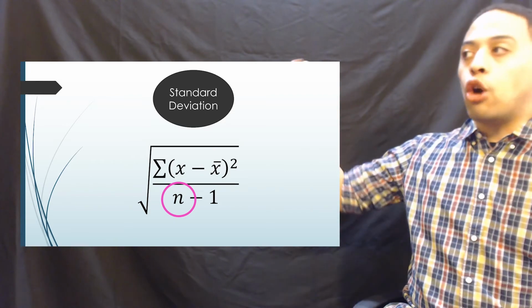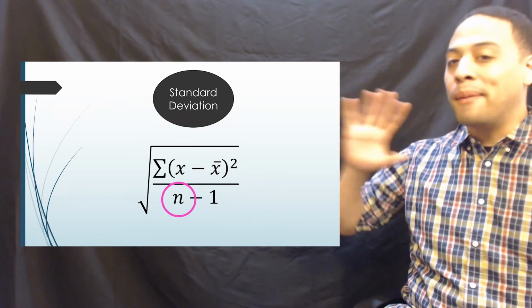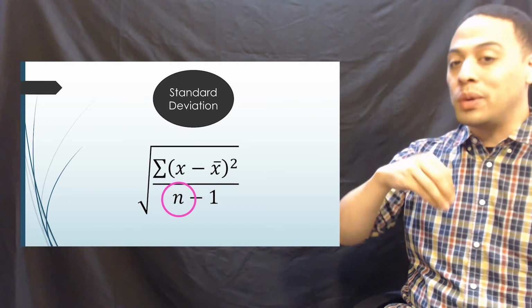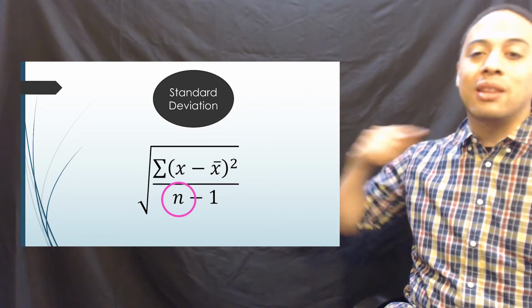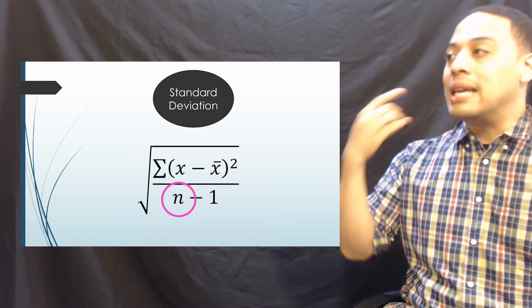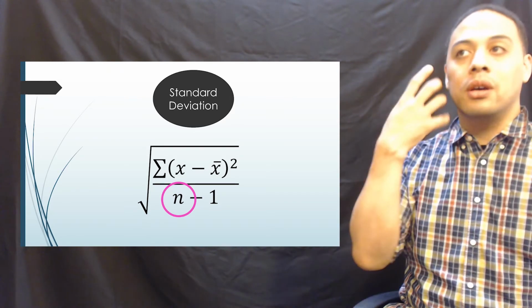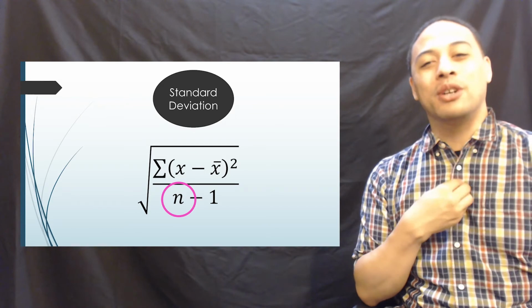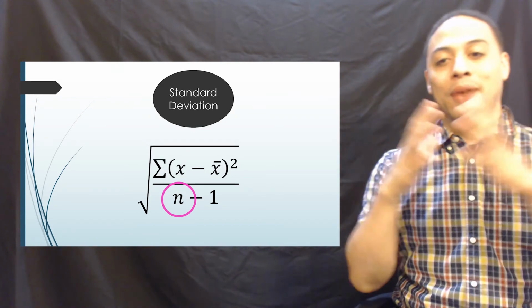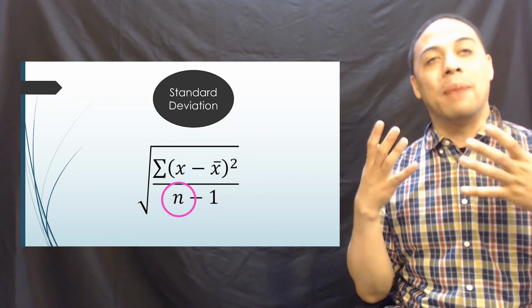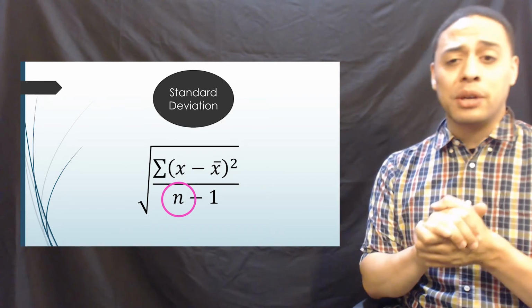And there are reasons why all of this other math stuff is around it that we're not going to go into in this video. But it is important for you to understand that what is going on in this formula is capturing an intuitive thing. It's capturing a human thing that we might want to understand, which is on average the amount that people tend to vary from the mean. And that's the standard deviation.